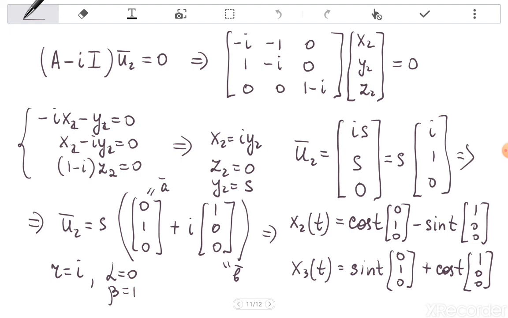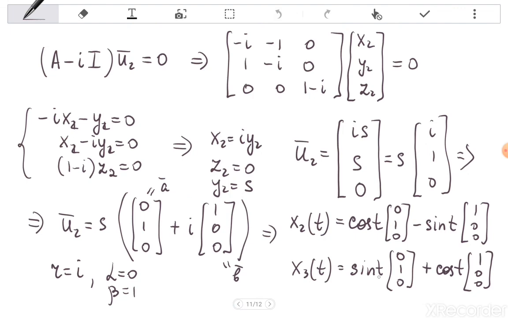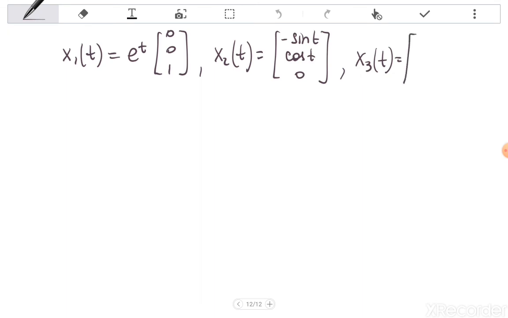So x2 will be minus sine t, cosine t, and 0. And x3 of t, we can do the same. The second coordinate will be sine t, and the first coordinate cosine t. So this one is cosine t, sine t, 0.